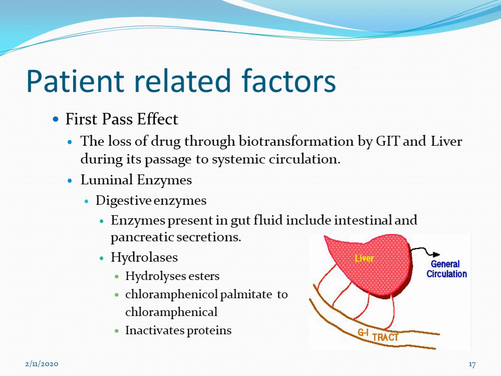These enzymes are present in the gut fluid, which includes the intestinal and pancreatic secretions. Hydrolysis hydrolyzes the ester, for example chloramphenicol palmitate gets converted into chloramphenicol, that is the active form. Also, this hydrolysis inactivates the proteins.